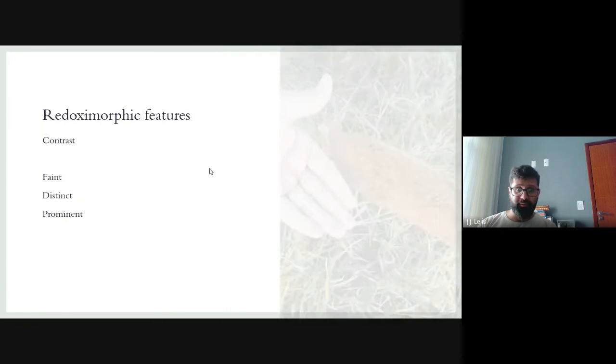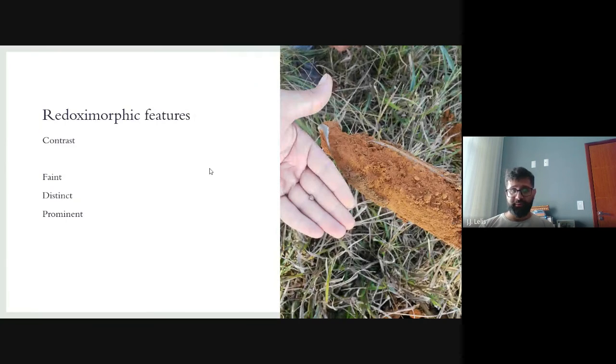The contrast also helps us a lot when we have colors of these materials that are very similar to the background. These faint colors are not so easy to identify, and it is not easy to see these nodules inside the soil.